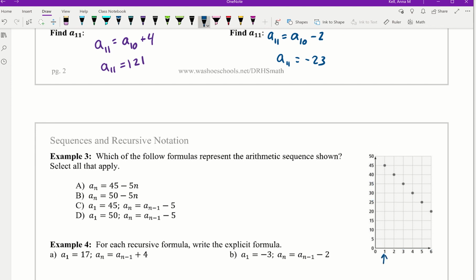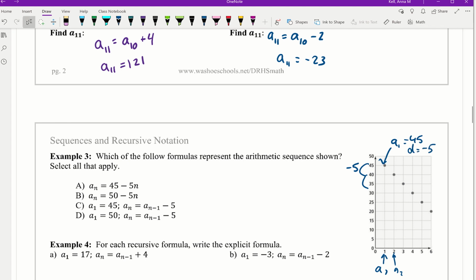So this is actually my A1, this is my A2, and so forth, okay? If I look at what is changing between each entry, I can see that we are subtracting 5, okay? So we're looking for something where my A1 is 45 and my common difference is -5.